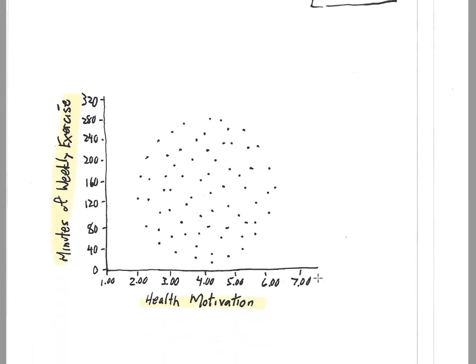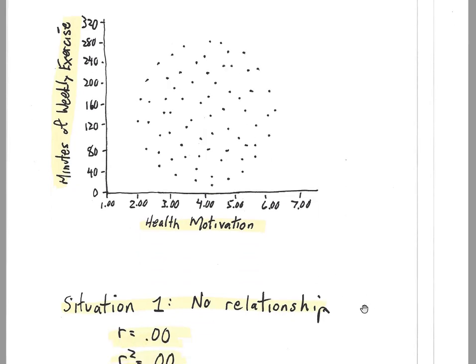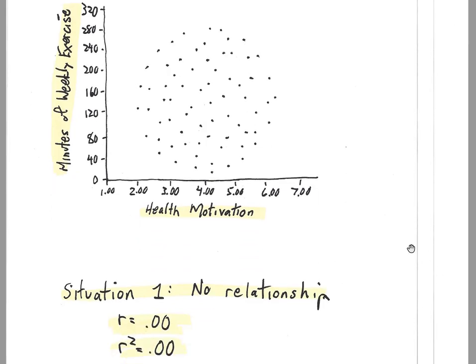180-24b. Here's a situation where there is no relationship between the two variables. Situation 1, no relationship between the variables. Imagine in some universe, the correlation between health motivation and minutes of exercise was 0. Let's look at the scattergram here. Oh, it's a round scattergram. That's bad news. There's no trend at all.